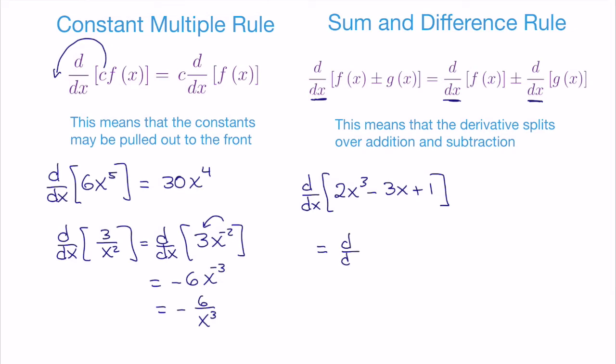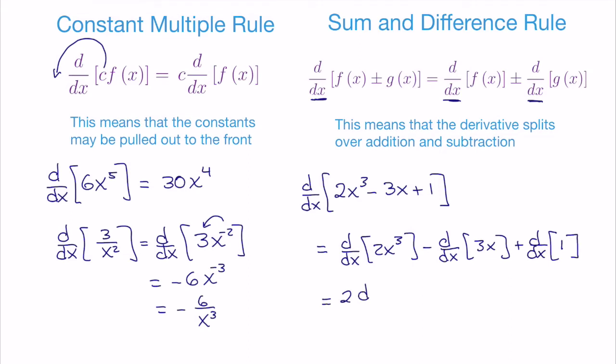So this is the derivative of the first term. The minus comes out, minus the derivative of the second term. The 2 comes out, and you get the derivative of x cubed, minus the 3 comes out, and you have to derive just x. And well, we know that the derivative of a constant is just 0.